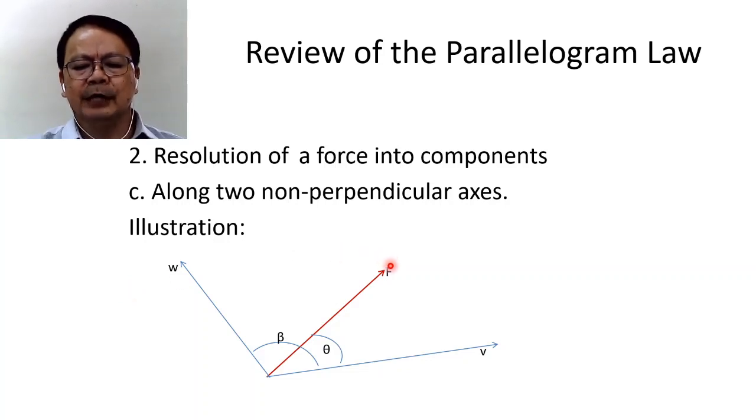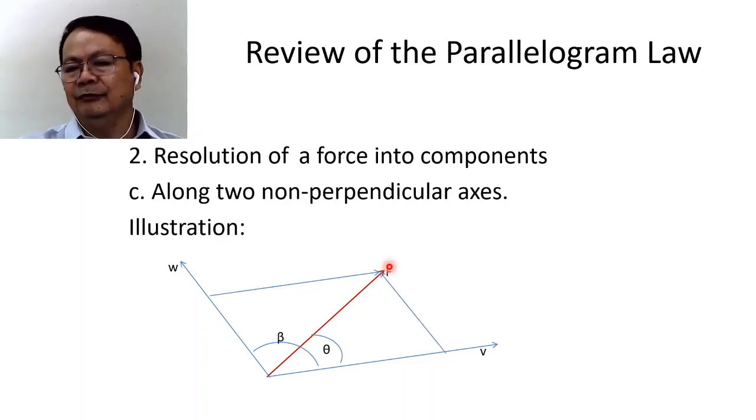So let us now concentrate on the tip of F, and from there, we draw lines that are parallel to V and W, like this one. This line is parallel to V, and this line is parallel to W. And therefore, you have now drawn a parallelogram.